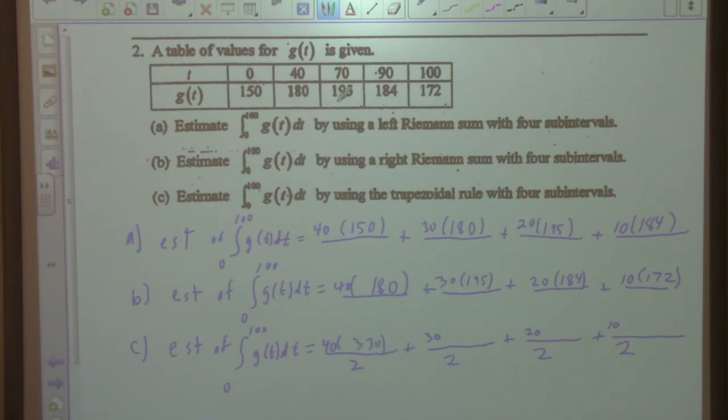I have trouble adding these. 375. That's these two added together. Now here, 379, because that's going to be a minus 16 and a minus 5, which would be minus 21.